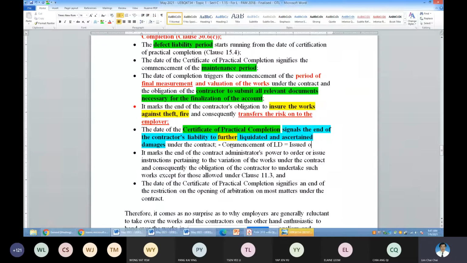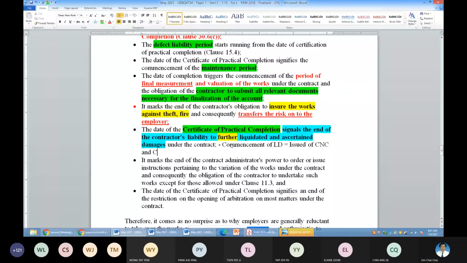And completion of LD is equal to the issue of CPC. I hope you are clear. When to compute the LD, you need to look at the CNC issued by the architect. Then you can compute, okay?